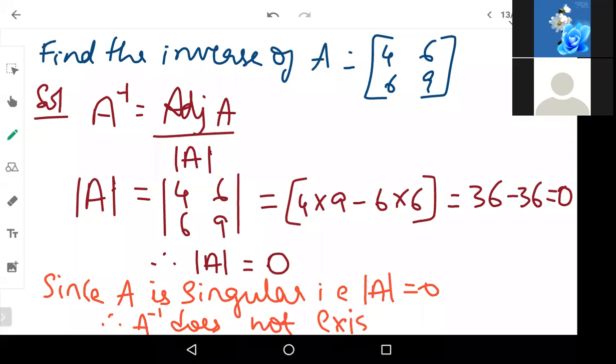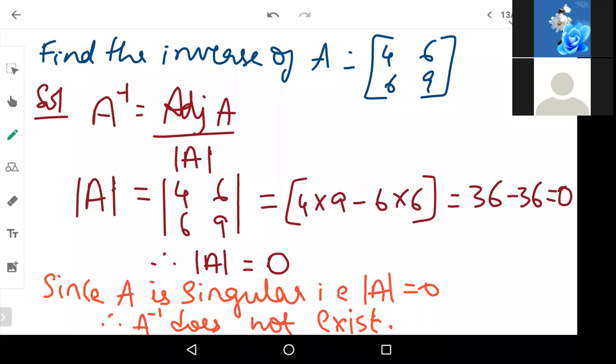Okay, A inverse does not exist. You cannot proceed. You can just say A inverse does not exist. Correct. A is a singular matrix. Everybody's answer is right. Very good. Understood?